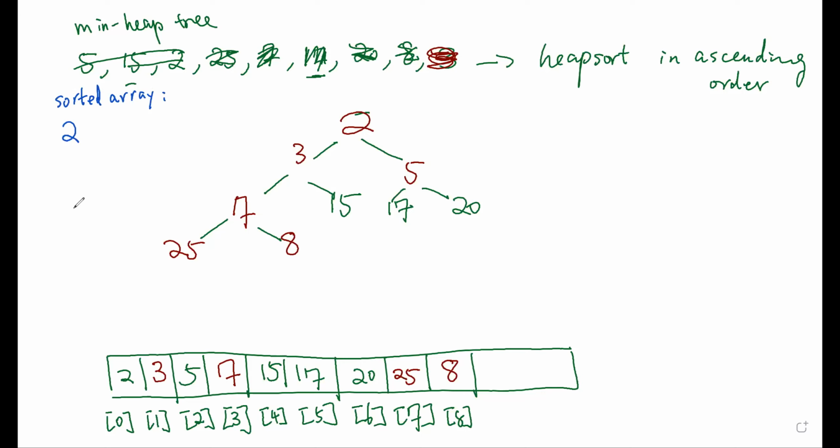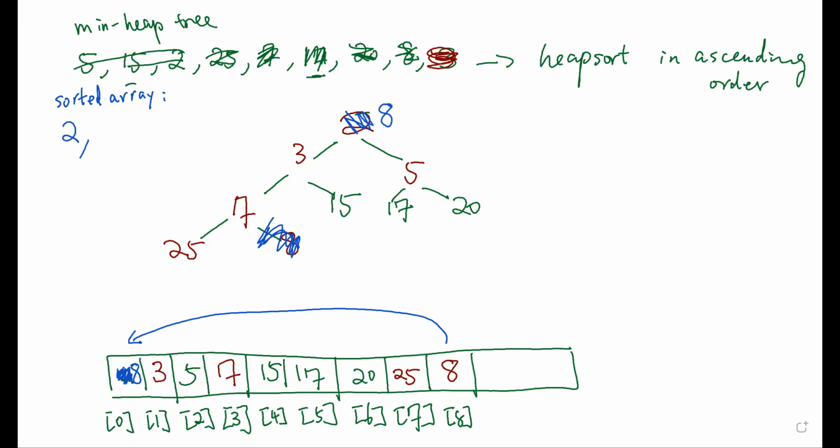So 2, I'm going to add it here. So what you're going to do is get rid of it, and you bring the last one here. Okay, so you are going to bring 8 here and clear 8 out.